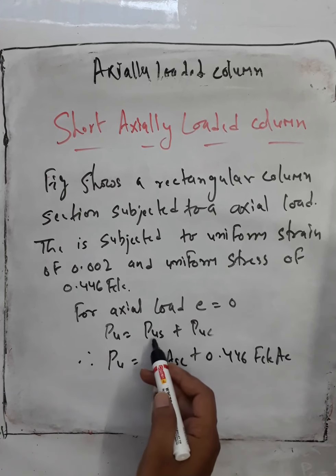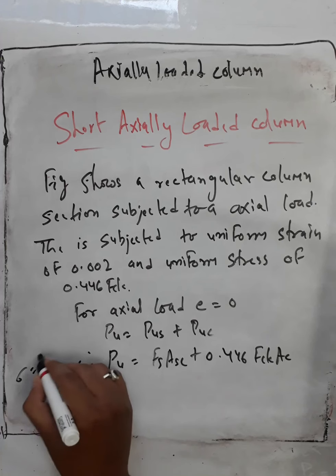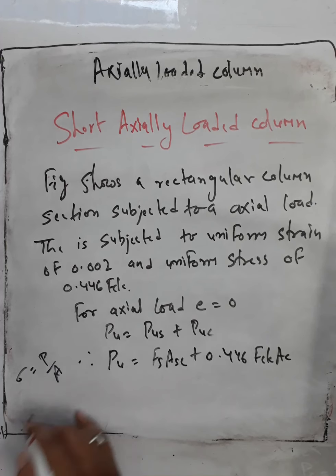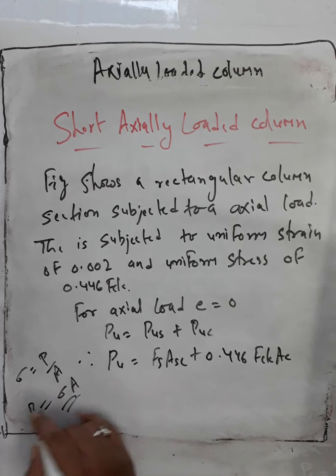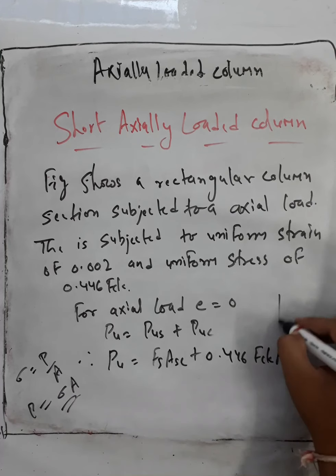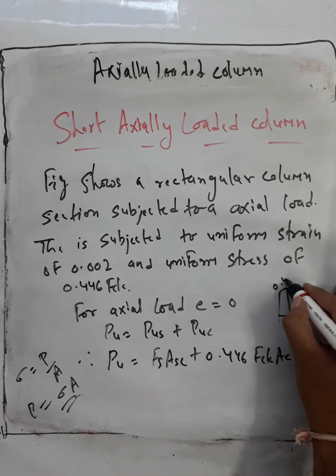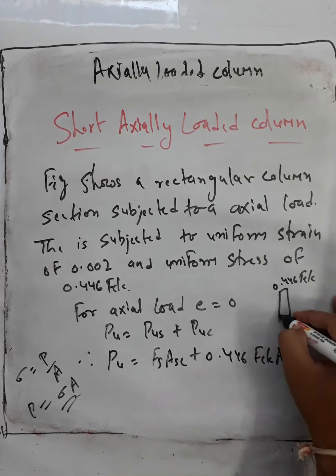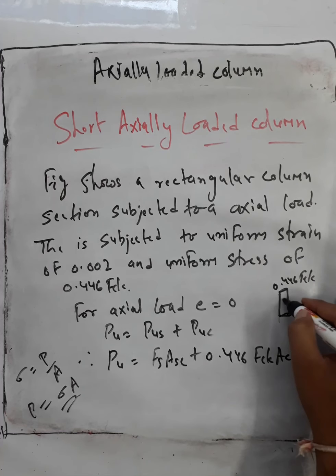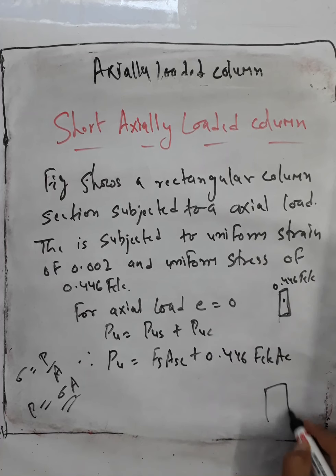This is the load, and we know that sigma is equal to force upon area, so force is equal to stress into area. In this stress diagram we know that this is 0.446 fck, and here we consider this the concrete part. So we write Ac into 0.446 fck. Now in this concrete part we provide reinforcement like this.